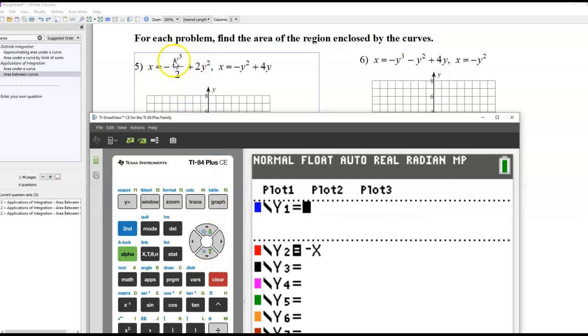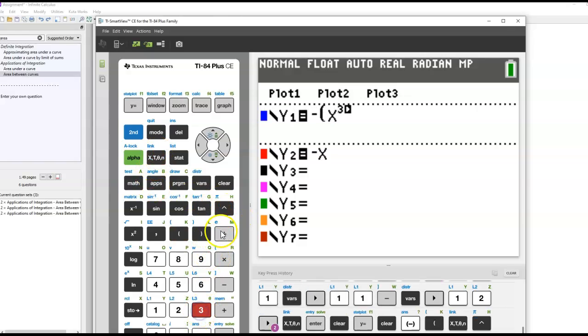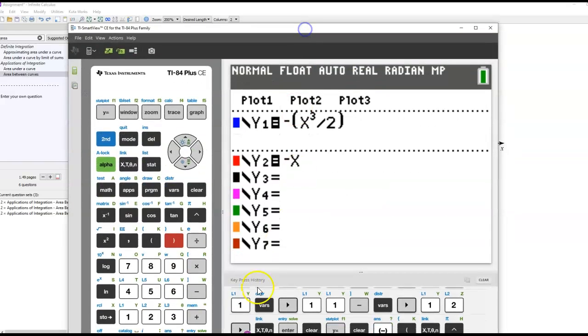So it's kind of repetitive at this point, but still I'll do it. For my first one, I'm going to type in negative x cubed over 2 plus 2y squared.